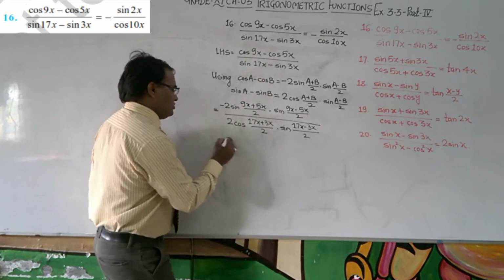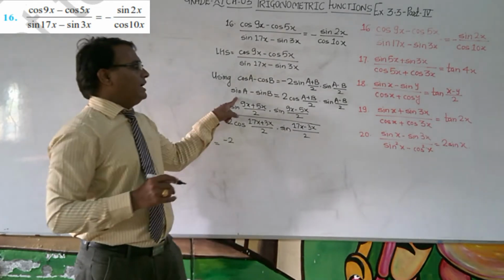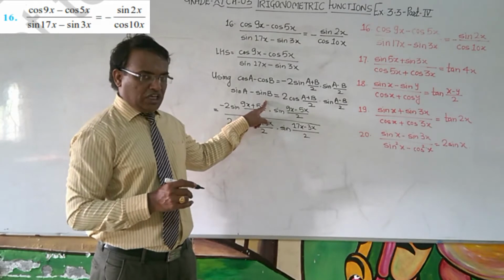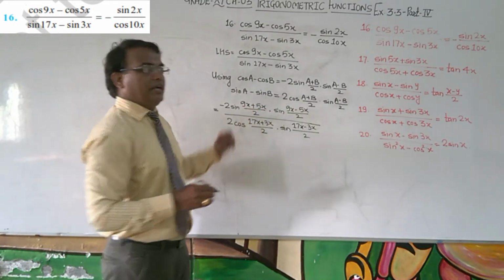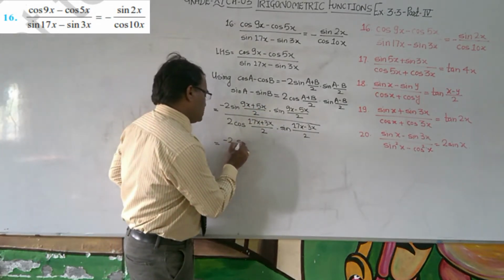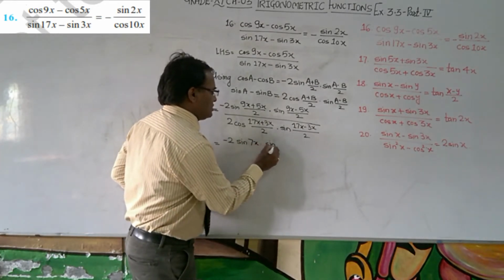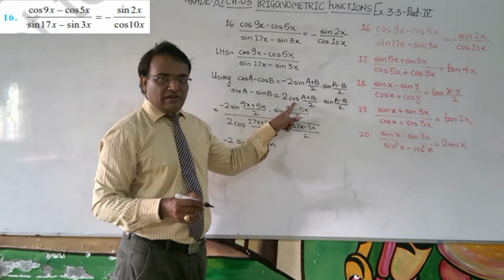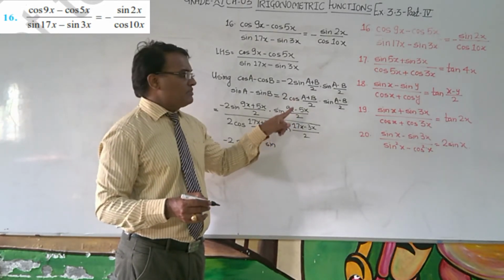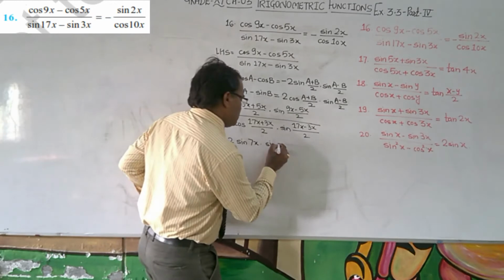That will give you minus of 2, 9x plus 5x, that is 14x, 14x divided by 2 is 7x. So that is sin 7x into sin, 9x minus 5x will give you 4x, 4x divided by 2, that is 2x.